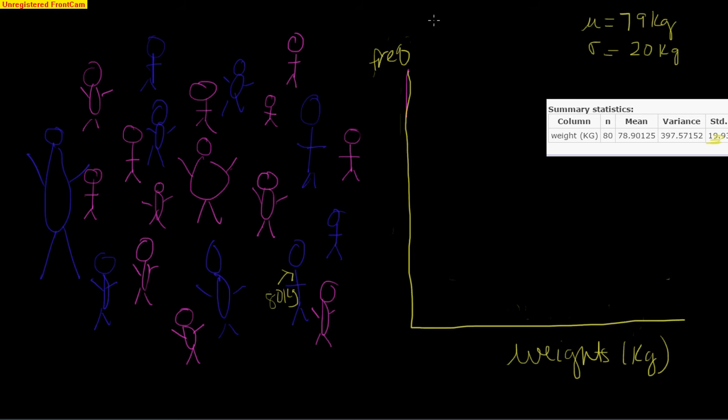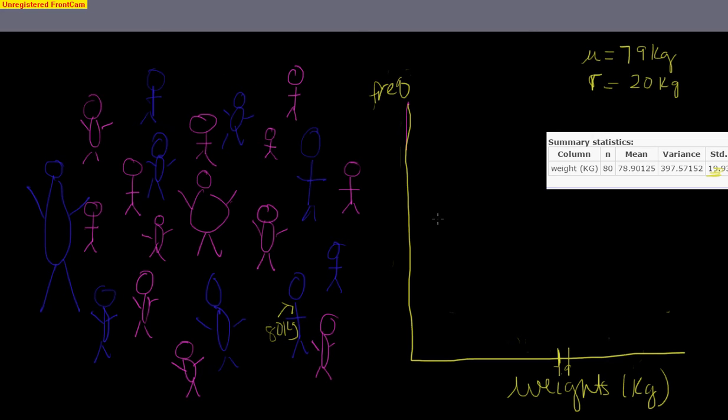And I think part of the reason that we have such a high standard deviation is because our data is very spread out. This person here might weigh 80 kilograms, and let's say my mean is about here at 79 kilograms. So 80 will be about here.